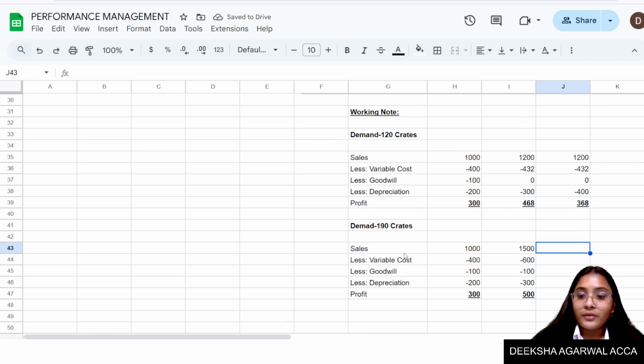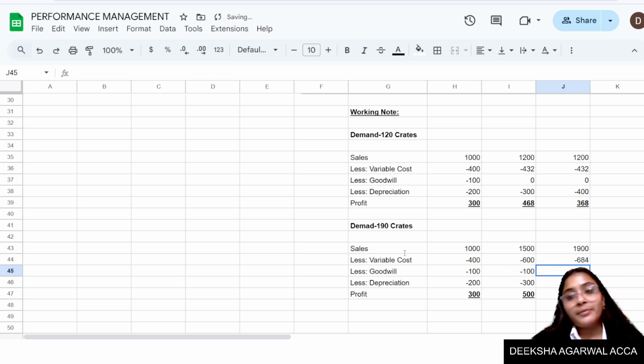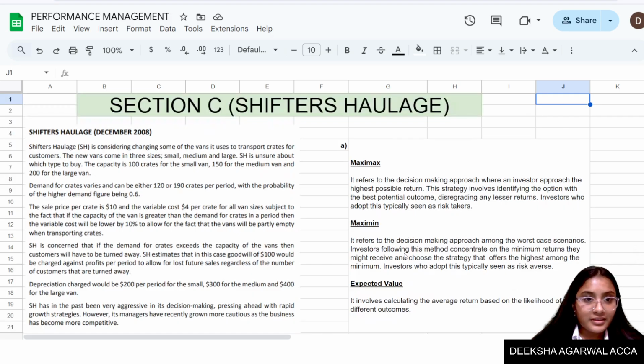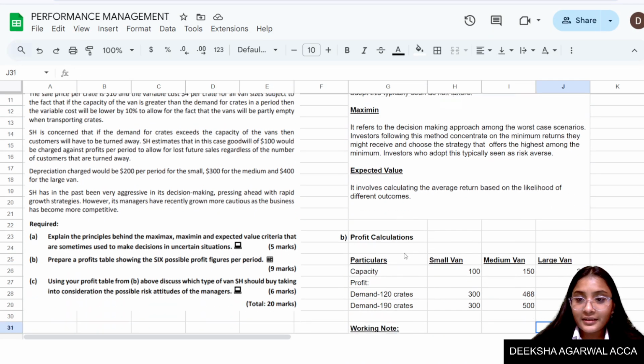Same thing here. You will be catering to the entire 190 into 10. Correct. What is your variable cost? Simple. 4 into 190 into 90%. The reason? Again 10% will be less. Correct. It's written that my variable cost will be 10% less. Yeah, it's correct.